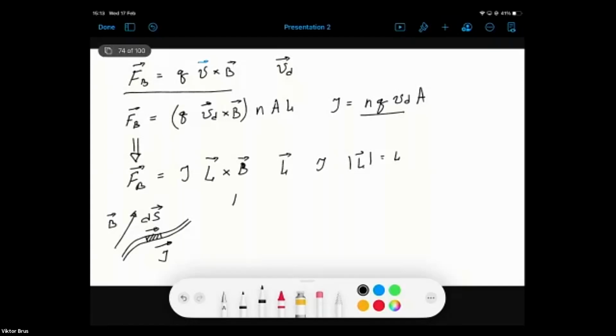So that's why we can write for the very small magnetic force which acts on this small segment of the conductor: I times ds, vector product with B vector.